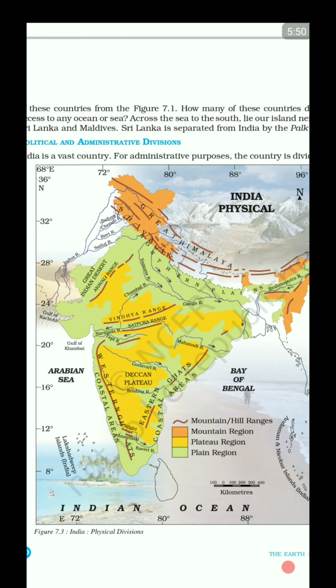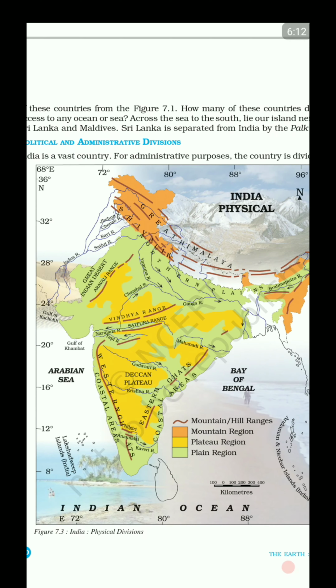In the Middle Himalayas, as the question is asked in the NCERT, mention 5 hill stations, which can also be asked in the UPSC. The hill stations that come to my mind are Mussoorie, Nainital, Manali, Darjeeling, Shimla, Dalhousie, right?